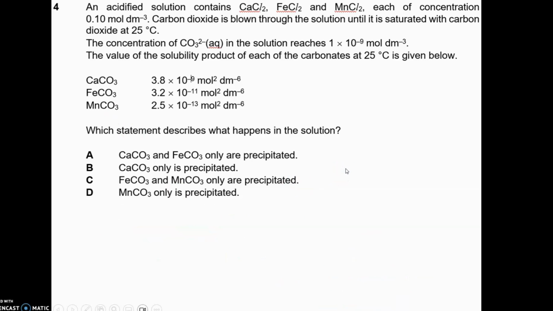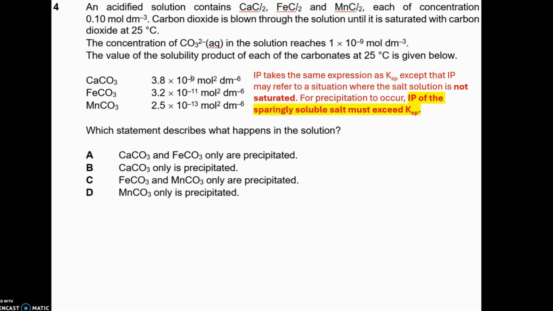So now let's look at the fundamental concepts behind this question, which is testing you on your knowledge of the condition for precipitation to occur. But before that, we need to look at what is called the ionic product, or IP, of a sparingly soluble salt.